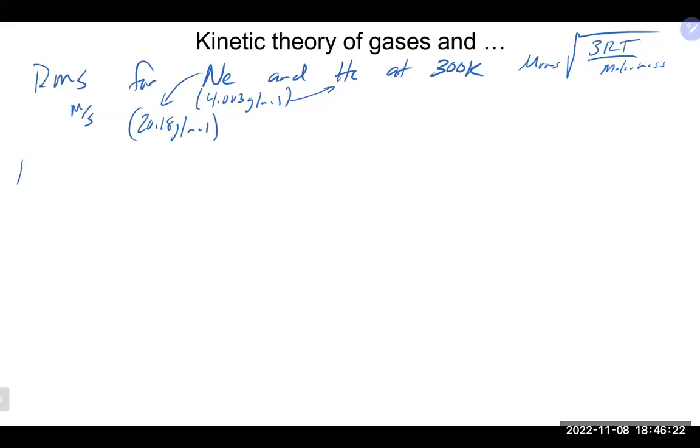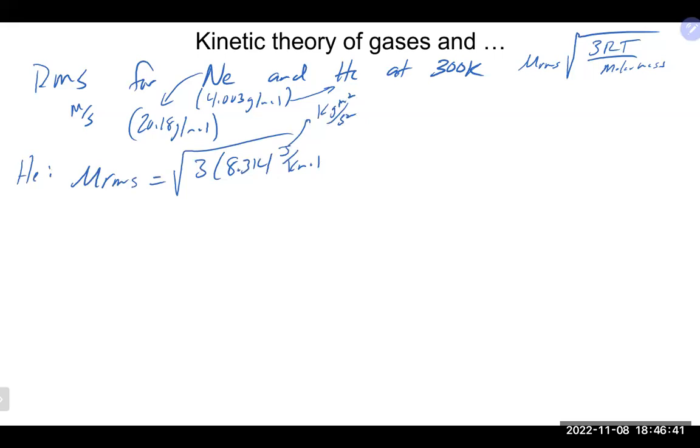So for helium here, our root mean squared velocity will equal the square root of 3 times 8.314. Again, it really is joules per Kelvin per mole, but that joule is a kilogram meter squared per second squared, which is where those guys come from, times our temperature, which is already in Kelvin.